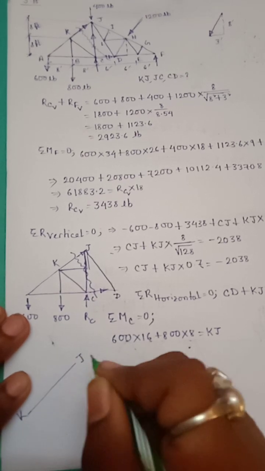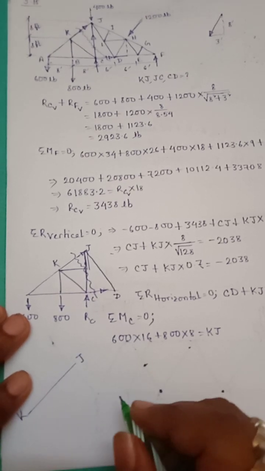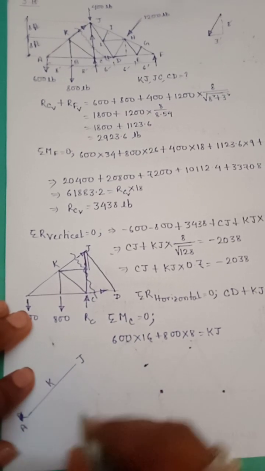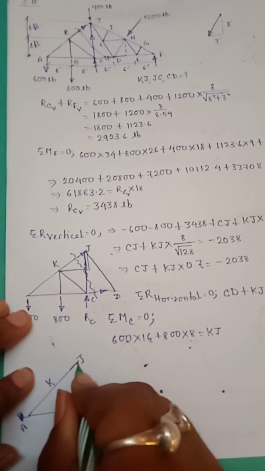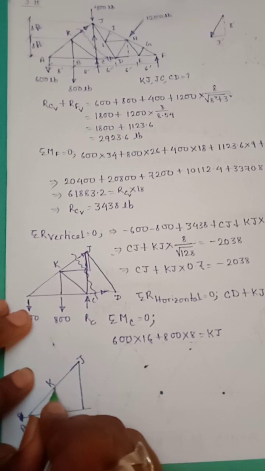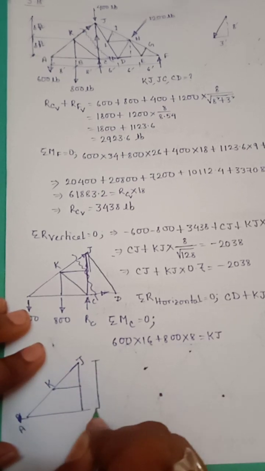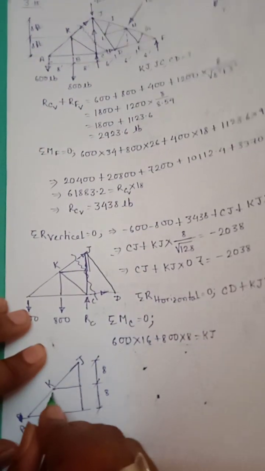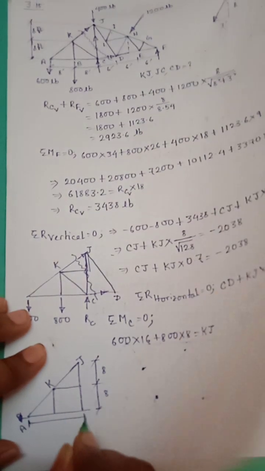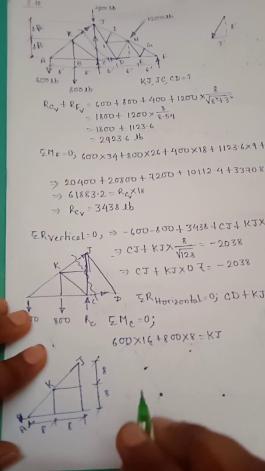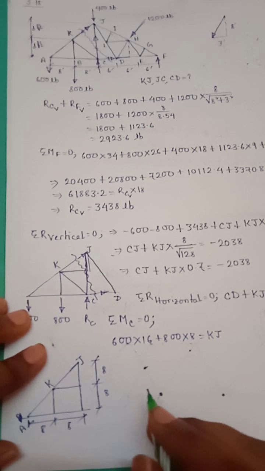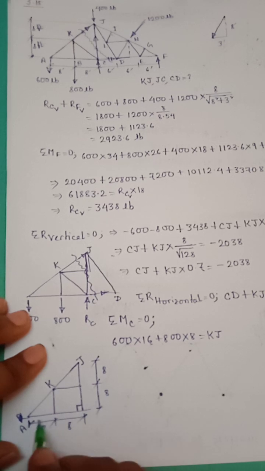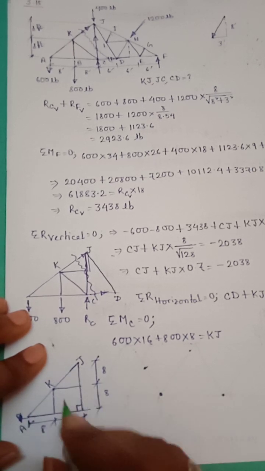This is K, this is J, or we can say that this is A, J, K, this is 8, 8, and this is 8, 8. It is a right angled triangle where base and height is equal.